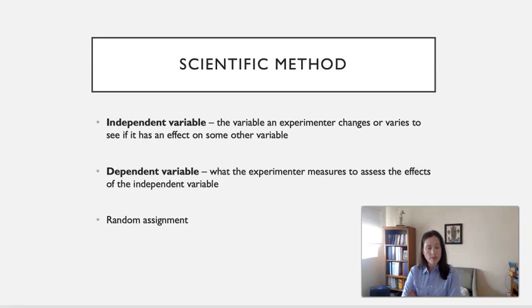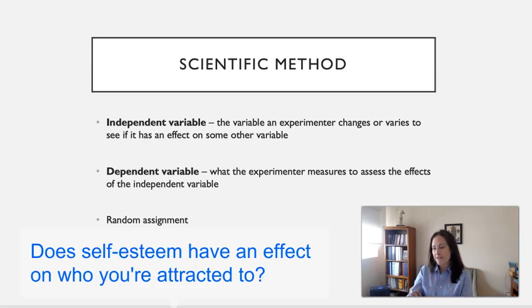Because remember, chapter 8, if you have low self-esteem, you are more likely to hit on someone who's less attractive rather than someone who's very attractive because you don't want to get shot down again. So does self-esteem have an effect on who you're attracted to?